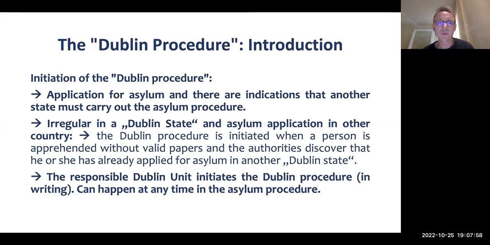What is important is that the application for asylum and the indications, so we look at the asylum procedures and the specific indicators that exist. I'm a bit lost now.